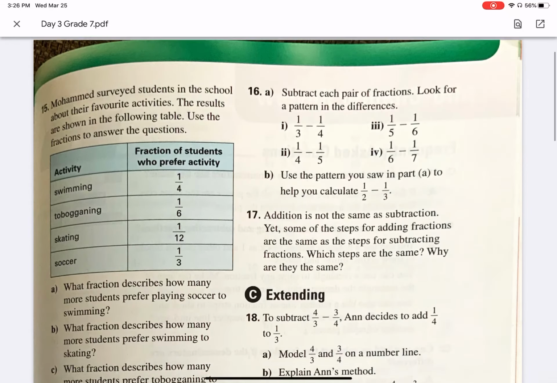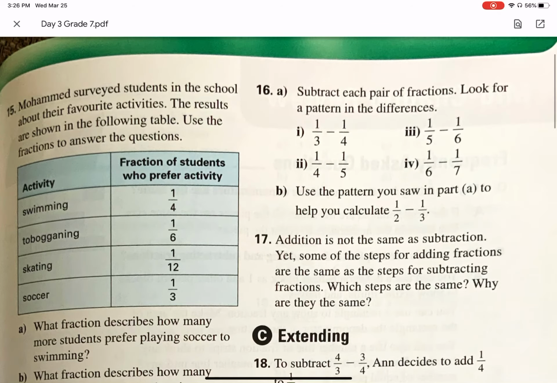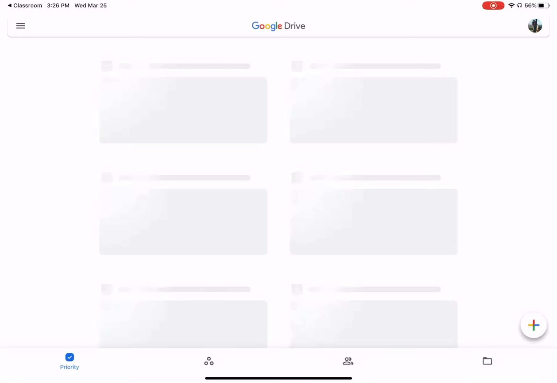It's taking a while to upload. Here we go. And for that page over here, let me open it up as a PDF so I can annotate.